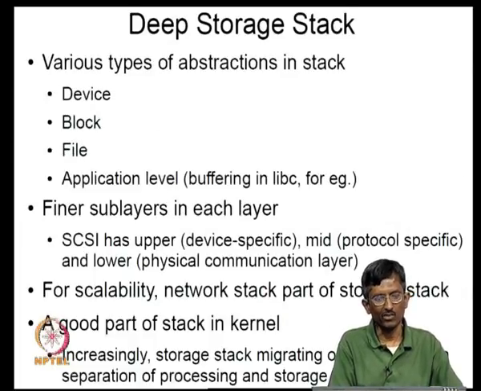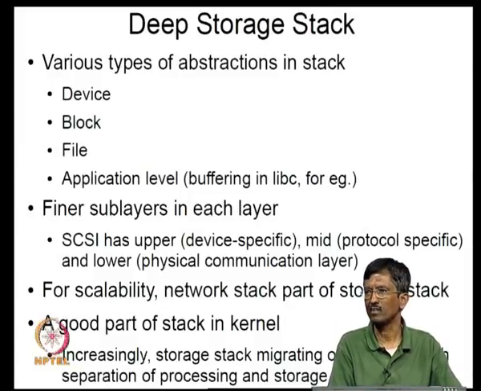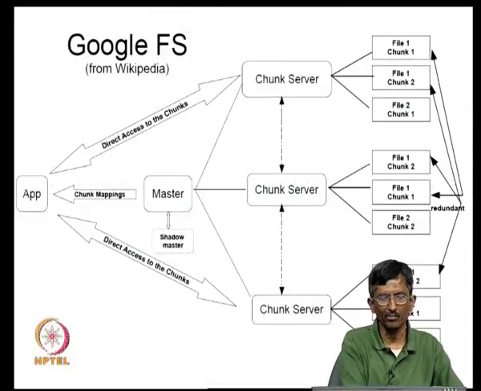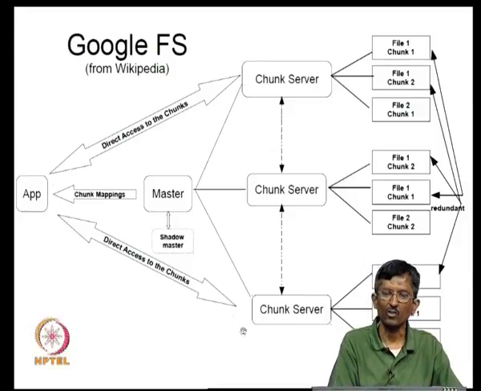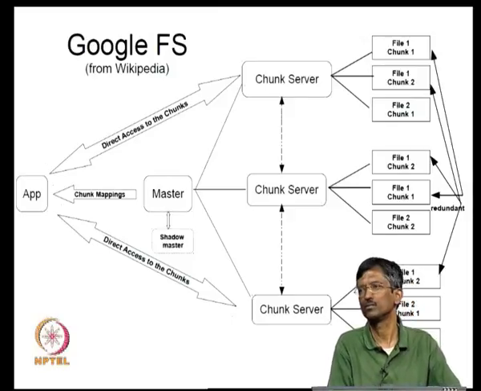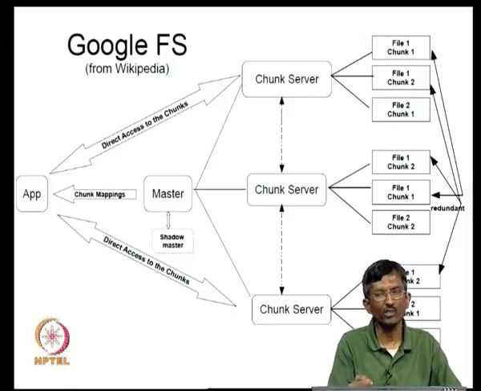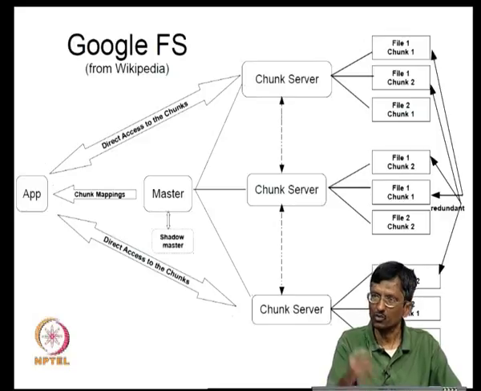Now, what is more interesting is that you might have heard about the network stack, the 7-layer stack, etc. It turns out storage actually uses it, because there is some networking going on here also. That means not only is there a storage stack, there is also a network stack as part of your system. And there are very specific network stacks for storage.